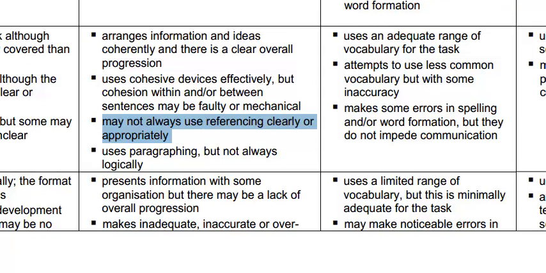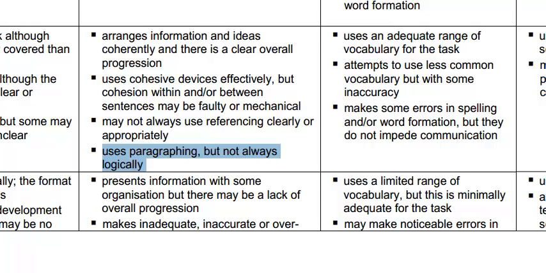The next component of coherence and cohesion is paragraphing. So in band score 6, you're using paragraphing, but it's not always logically. So what does this mean? Well, you should know that in an English paragraph, there is only one main idea. And this is signaled in the topic sentence, which is usually the first sentence of the paragraph.